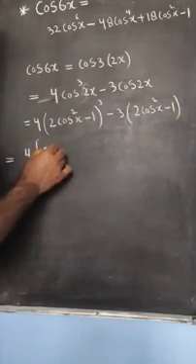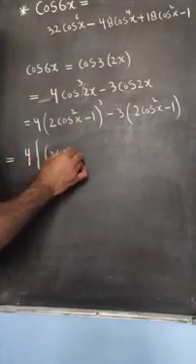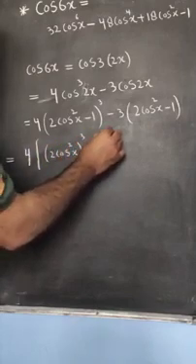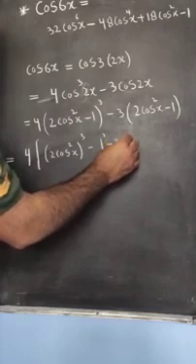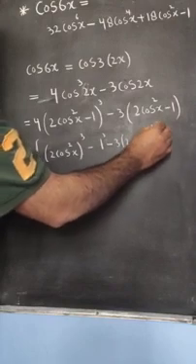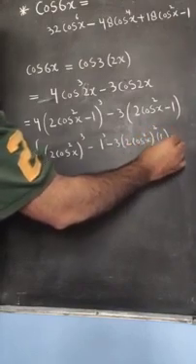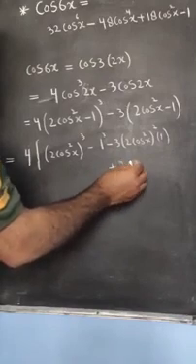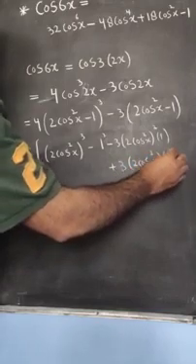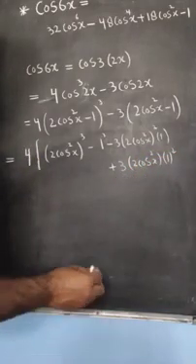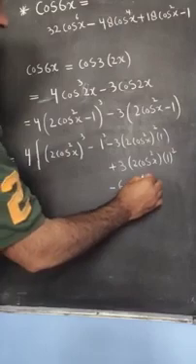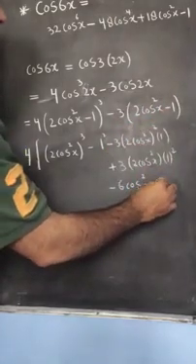So we write a cube, that is 2 cos square x cube, minus b cube, that is 1 cube, minus 3a square b, it is cos square x whole square, b is 1, plus 3ab square is twice cos square x, and b is 1, so we write 1 square. Then we have minus 3 into 2 is 6, it is minus 6 cos square x, minus minus is plus, it is plus 3.